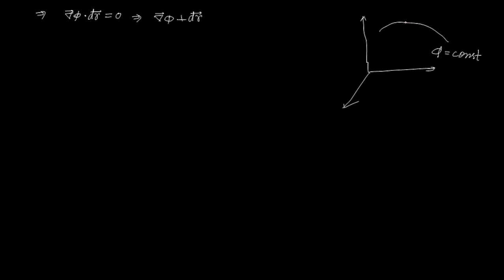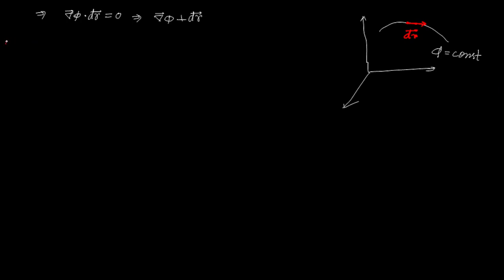We have considered a point P and another point Q, which is just nearby to P. So from this figure, when we connect these two points, we get a vector quantity, a length vector, which will be parallel or tangent to the surface. So in this case, we can say that the dr vector is tangent to the surface.